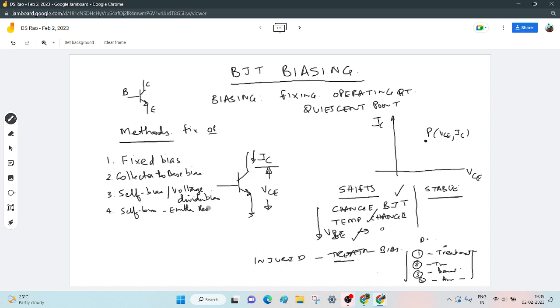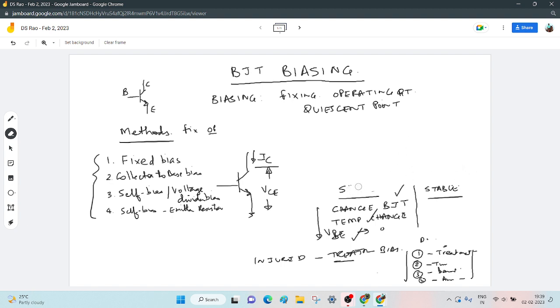Emitter resistor. So these are the 4 methods. Repeat. Fixed biasing, collector to base biasing, self biasing, self biasing with the emitter resistor. Very good. So these are the 4 methods.